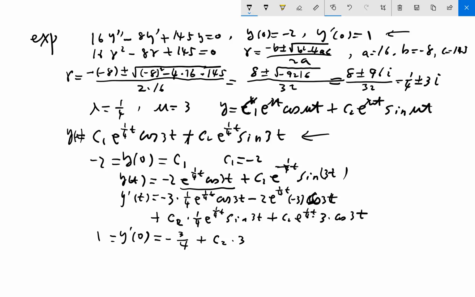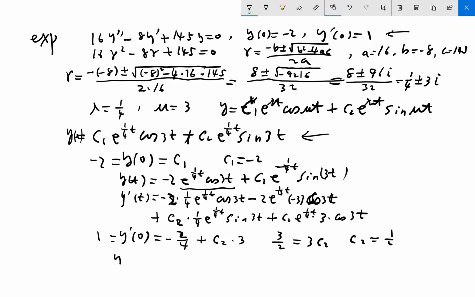We have negative 2 here, sorry. Then you simplify this, and you get 3 over 2 equal to 3C2. So our C2 here is 1/2.